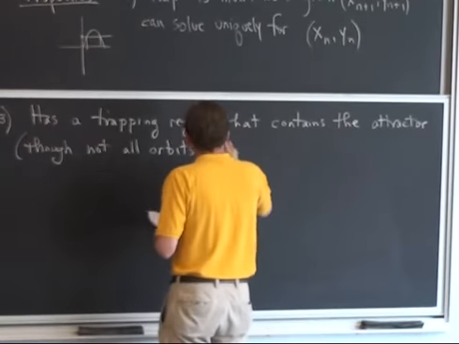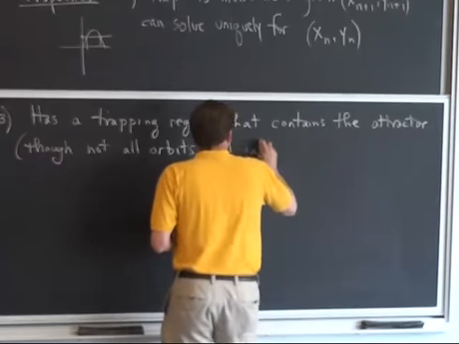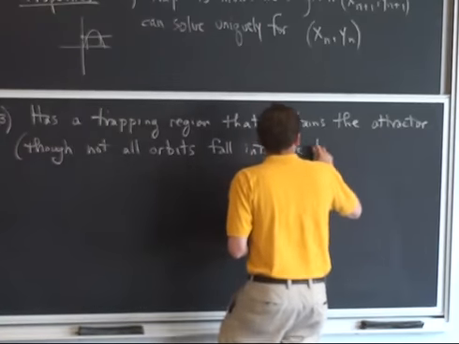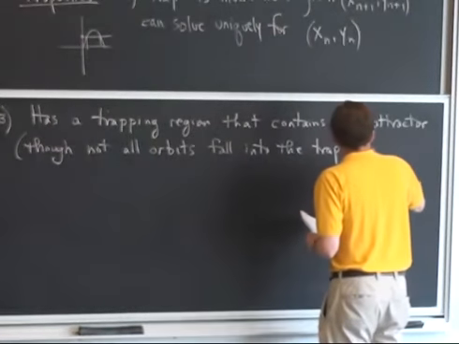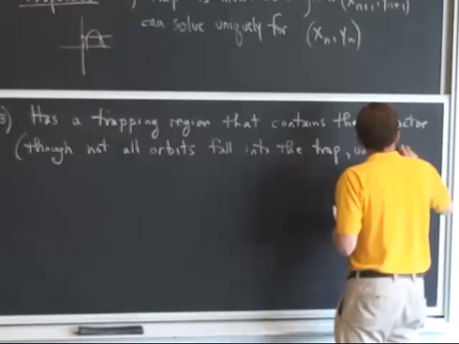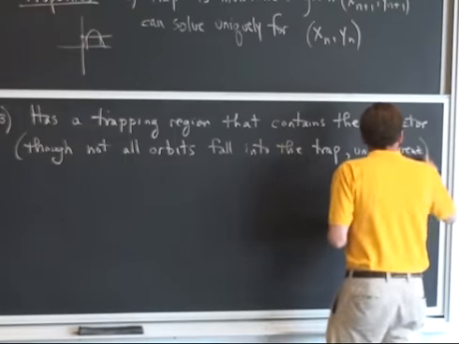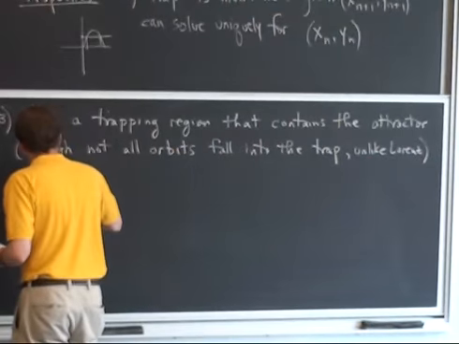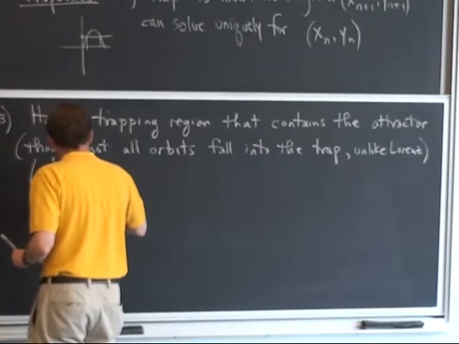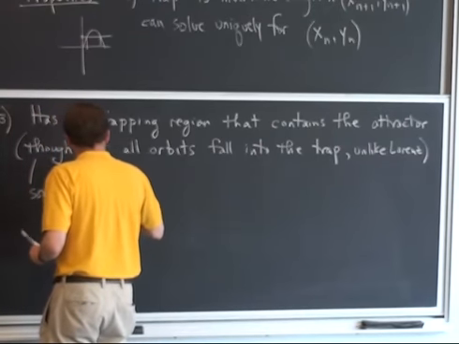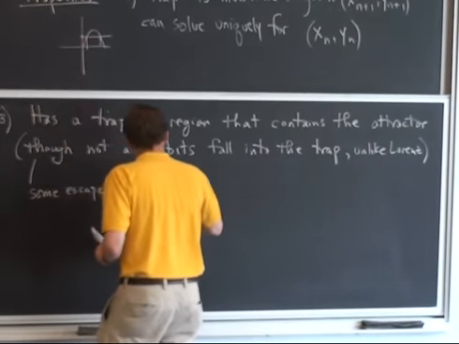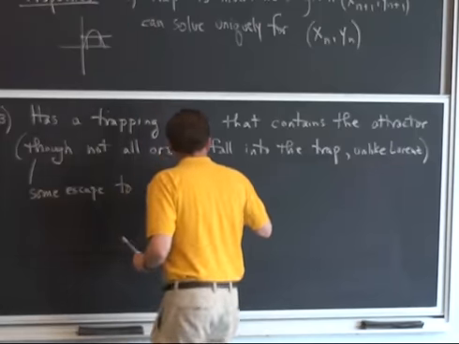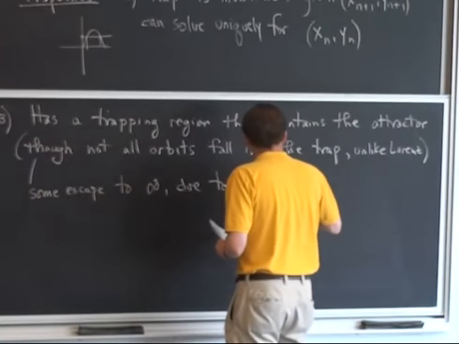Not all the orbits fall into the trap. So unlike the Lorenz system, some escape to infinity due to the x squared term.